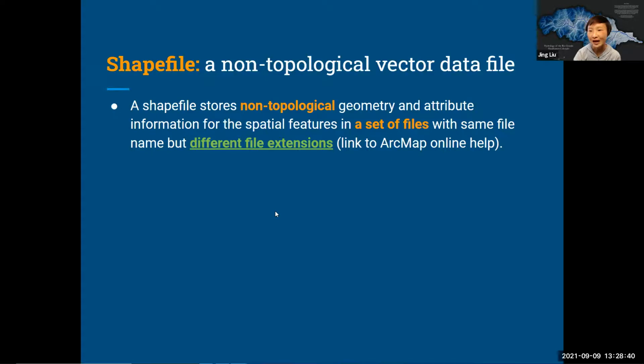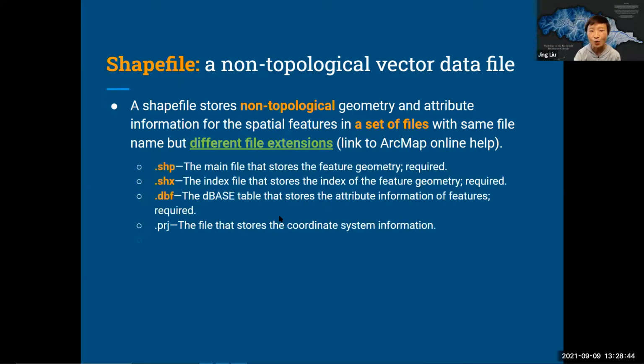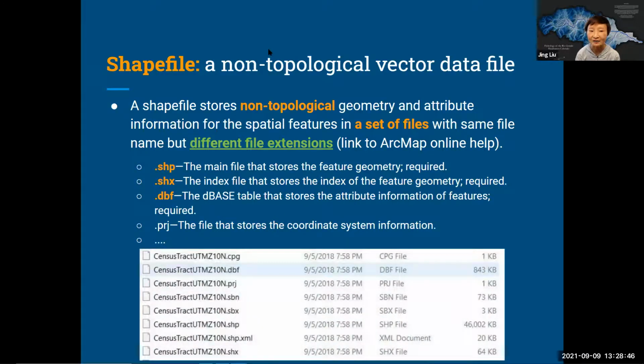But when you download it and unzip it, in some cases you can see one shapefile with the same file name but different file extensions. They all belong to one shapefile, which is this census UTM Z10 North. Okay, the same shapefile, but different formats.